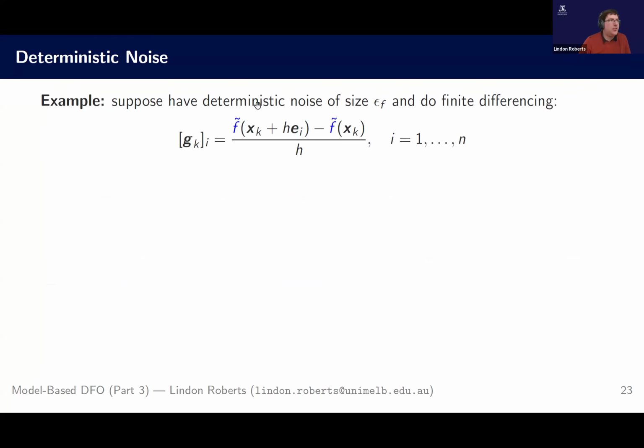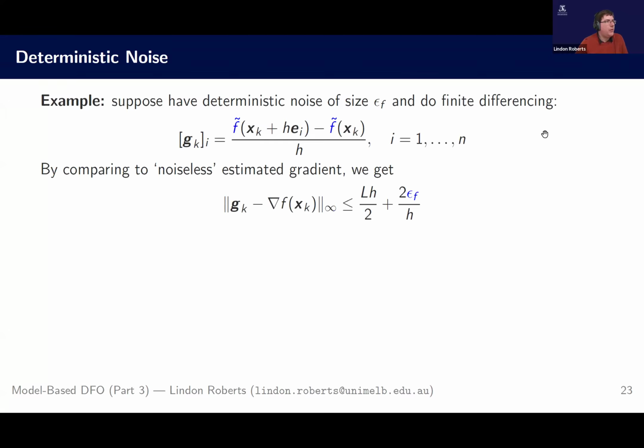So first, let's look at this deterministic/bounded noise case. Let's take a simple case where we do finite differencing. I'm going to do standard forward finite differencing just like I did over the last couple of days, but now I'm going to use noisy objective values every time. What I can do very easily is measure my estimated gradient error.